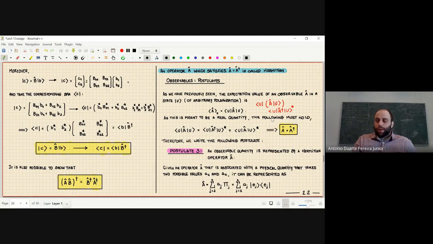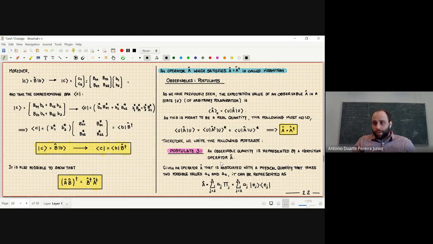So, with that discussion, we can write the following postulate, which is very important. If I'm associating a physical quantity, which I call an observable in quantum mechanics, to an operator, it must be represented by a Hermitian operator. So if you want to define an observable in quantum mechanics, you need to define it as a Hermitian operator.